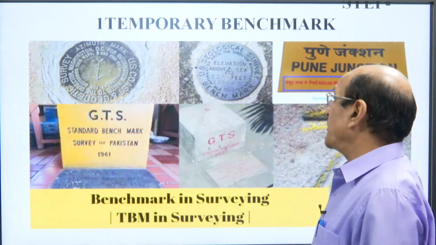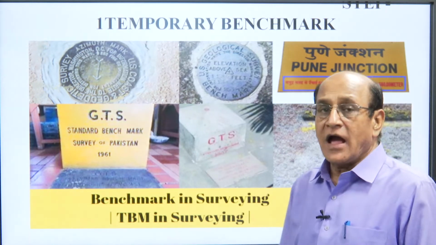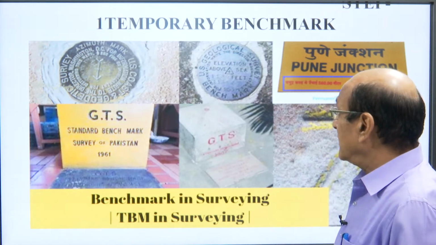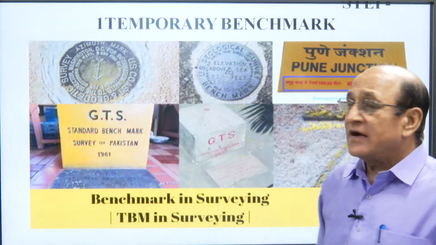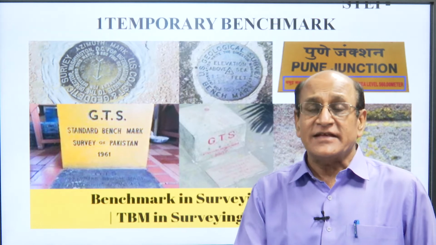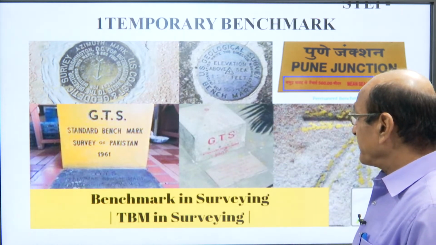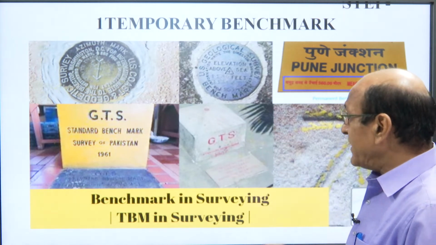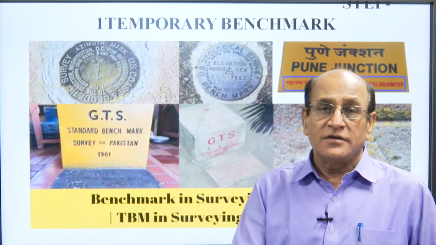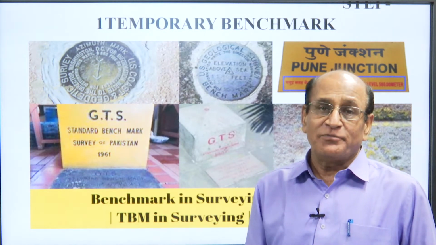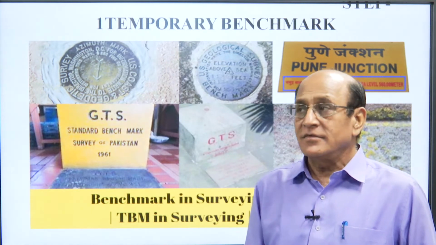But for the bigger project, the temporary benchmark has to be marked. And see here is a GTS, Great Trigonometrical Survey, and it is the level marked with respect to the mean sea level. Now, it is located in Mumbai.